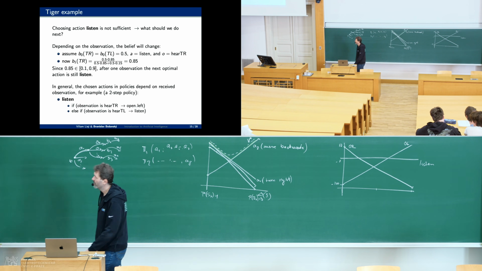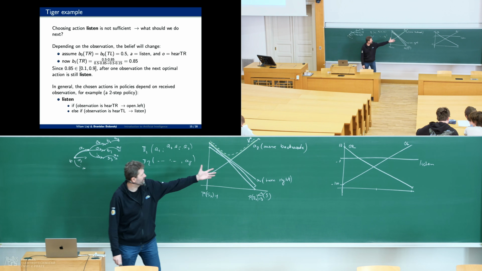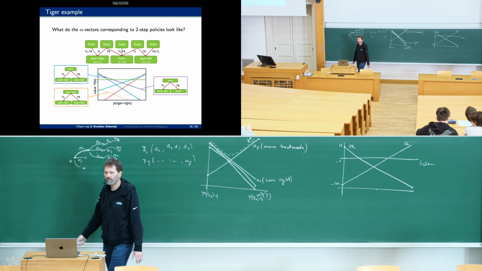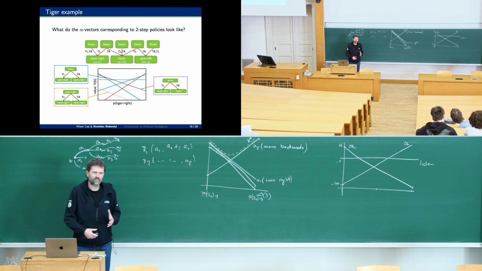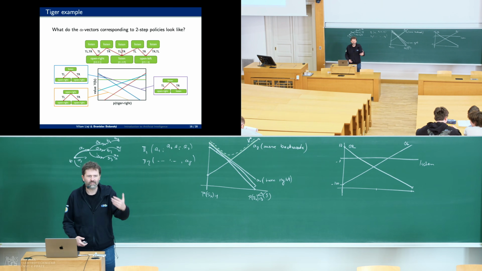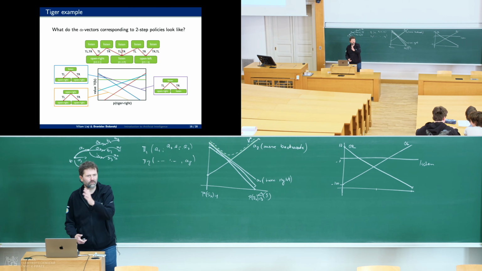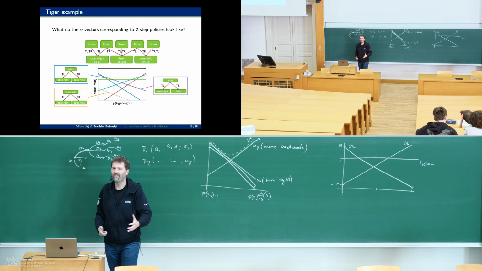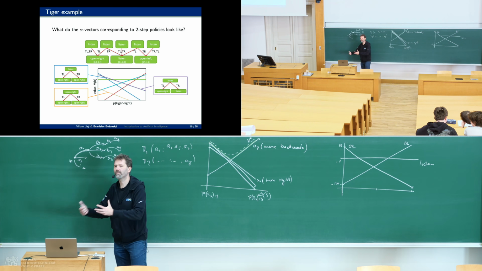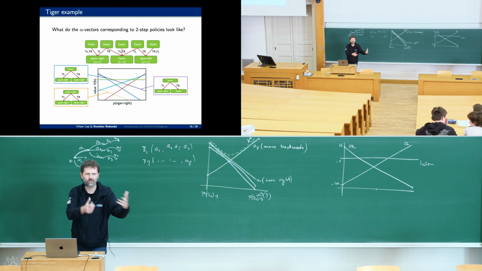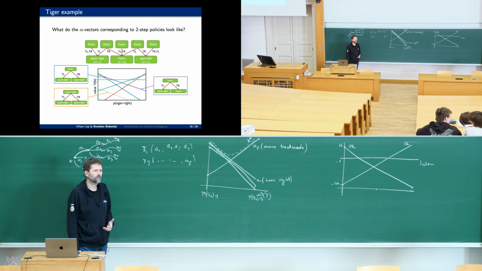For each of these policies that we can construct, similarly to before, we can construct a new alpha vector. So we can have a policy that tells us, you need to listen 4 times if you have, for example, consistent observations, or some other number of times if you don't, and then based on all the observations you will decide either to open the left door or the right door.